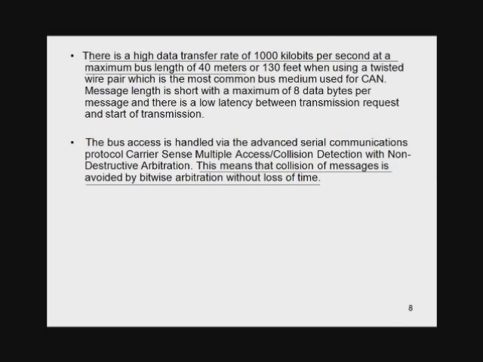The CAN bus is set up to work with a very high rate of transmission, up to 1 megabit per second, with a length of up to 40 meters. And if for any reason you need the bus line to go longer than that, then the transmission speed goes down.